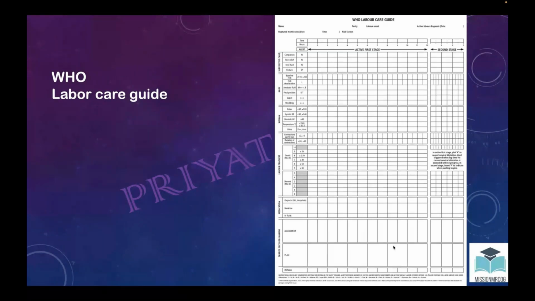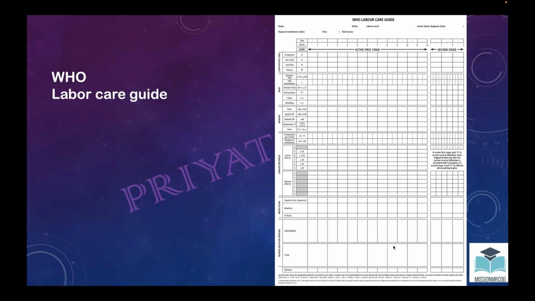Let's see. In the beginning, there is a place for name, so we'll put the woman's name here. Then the parity, and there is labor onset. We'll put here if the labor was spontaneous or if any induction was there. And there is active labor diagnosis, the date and time. If it's known, then we will put the date and time.